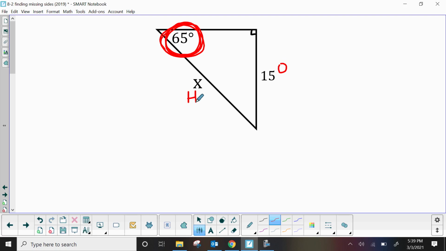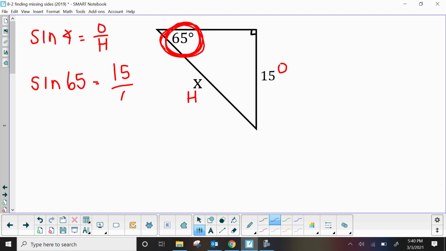Of the 3 trig functions, SOHCAHTOA, which one deals with O and H? And that is SO. The rule is sine of the angle is equal to opposite over hypotenuse. So sine of 65 degrees is equal to opposite over hypotenuse.